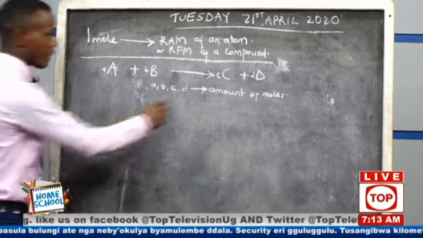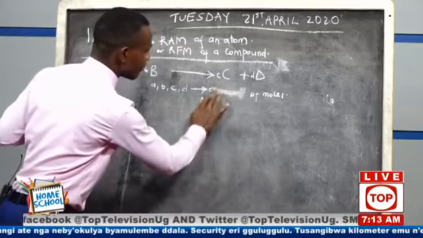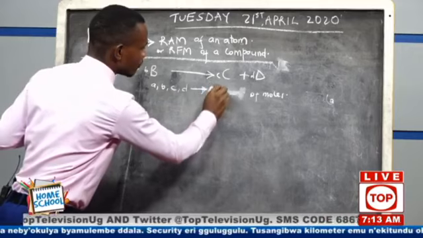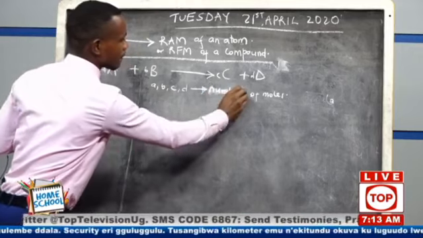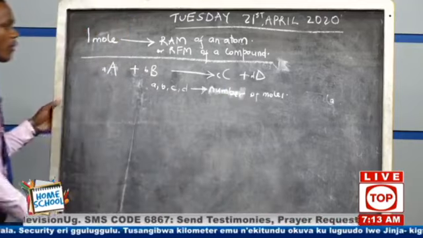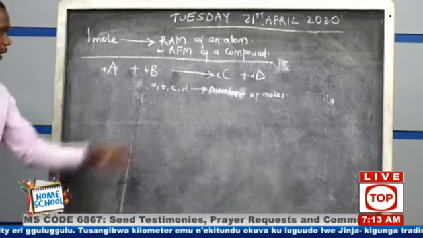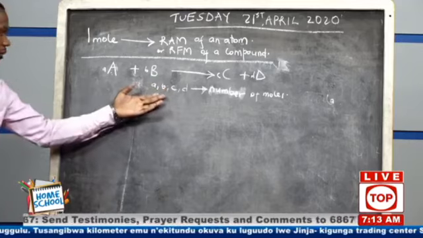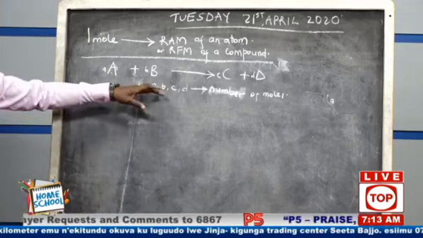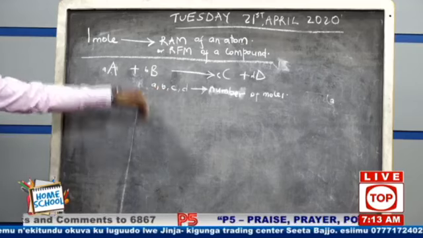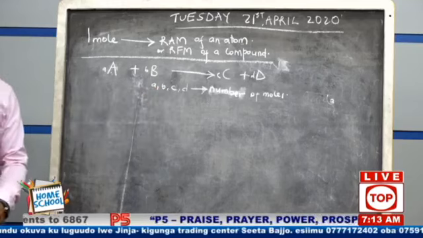If you don't say amount, you can just put what is common to you: number of moles. A, b, c, d, these small letters will be standing for number of moles, and that's what we shall be using to calculate the masses, okay?